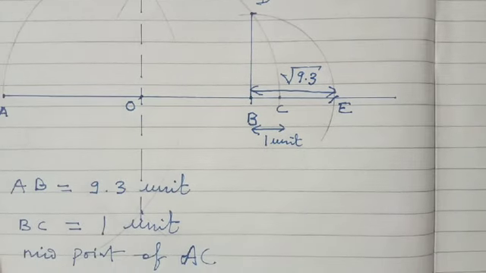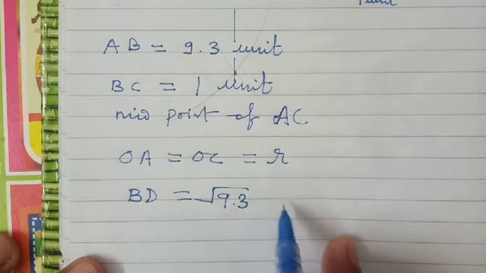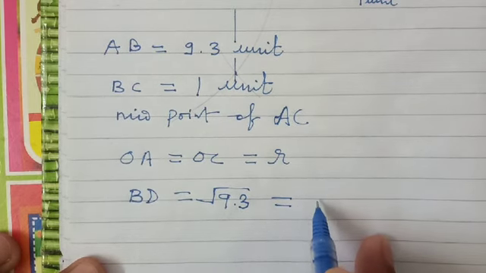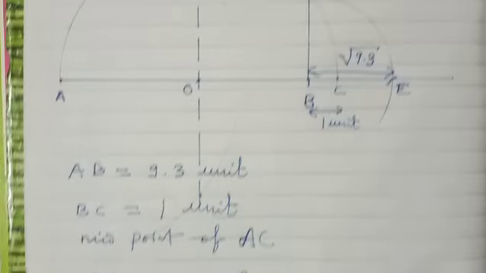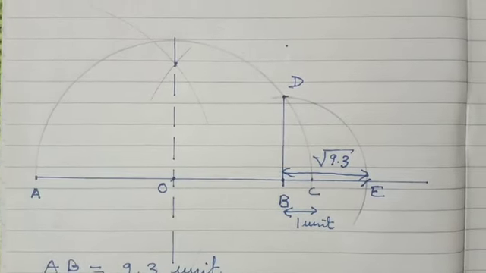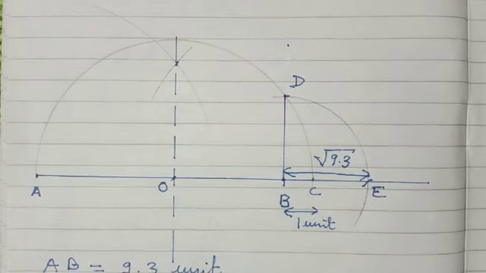BD is equal to BE, which is equal to under root 9.3. It means E is the right representation of under root 9.3 on the number line.